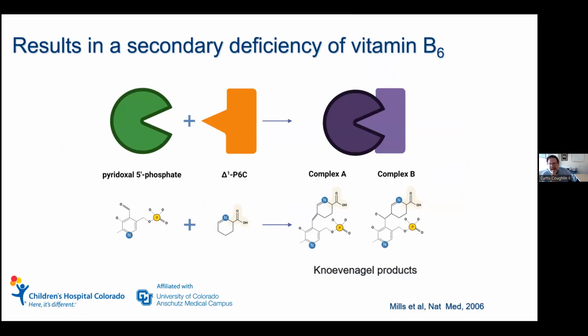We see that as the P6C is elevated, it sort of sucks up or reacts with all of the pyridoxal 5-phosphate, and we end up with a secondary deficiency of the active vitamer of B6, pyridoxal phosphate. So yes, if you were to do a CSF tap on one of these kids, you're going to see low or almost no pyridoxal phosphate, depending on how much P6C there is.